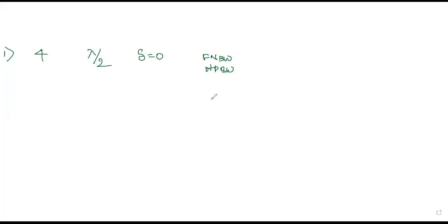Obtain the field pattern, first null beamwidth and half power beamwidth.